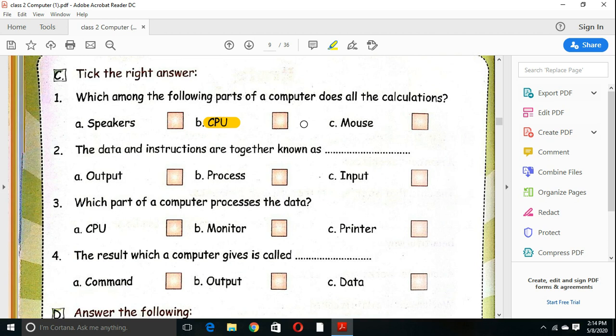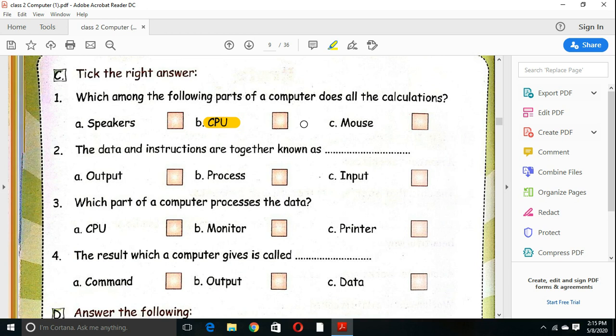Next question: the data and instructions are together known as what? The options are output. No, because output is when the data is processed and whatever outcome we get, that is called output.